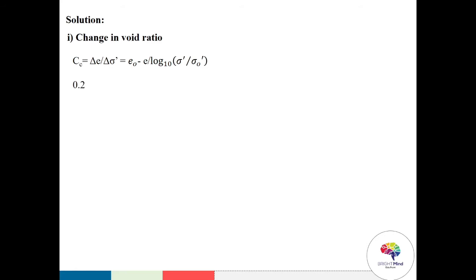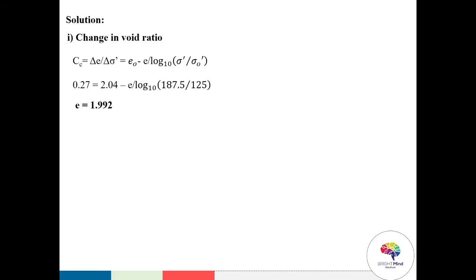So 0.27 is equal to 2.04 minus e upon log to the base 10 of sigma dash, which is given as 187.5, upon sigma naught dash, which is given as 125. Substituting all these values, the final void ratio comes out to be 1.992.